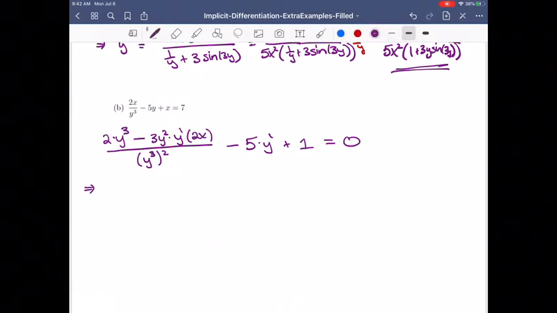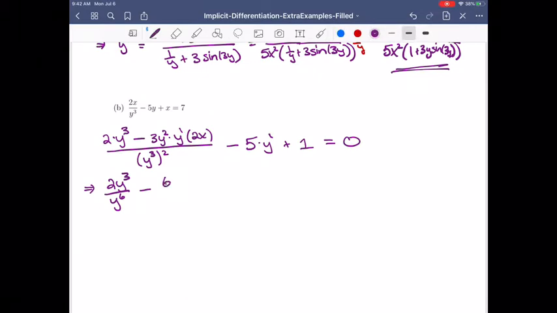So this is going to be 2y cubed over y to the 6 minus 3y squared. Oh, actually I can simplify this. Okay, so minus 6xy squared times y prime over y to the 6 minus 5y prime plus 1 equals 0.